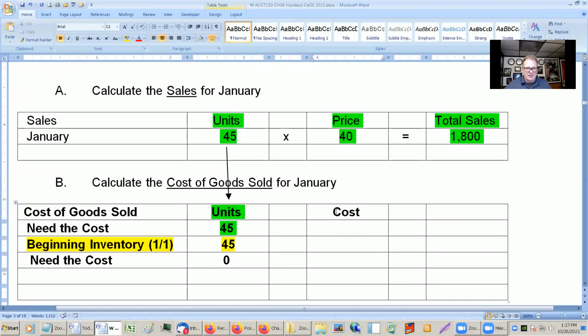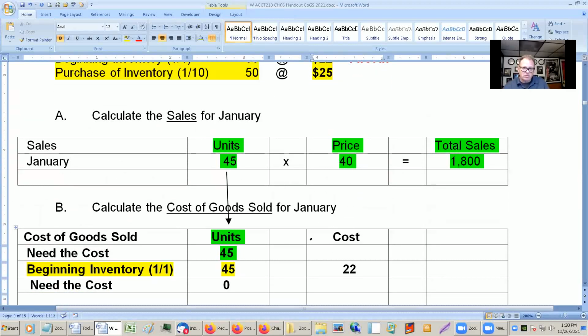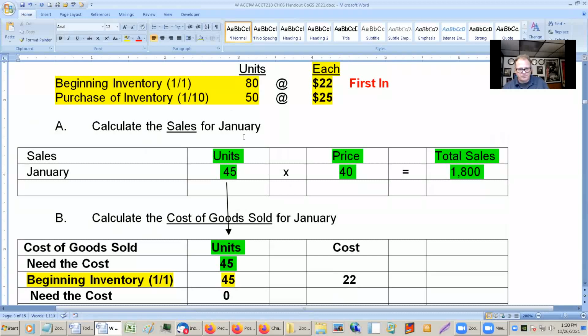Sorry, guys. 5 or 6 minutes, I'll be done with it. Okay, here we go. So 22 was the cost. 45 times 22 is 990.